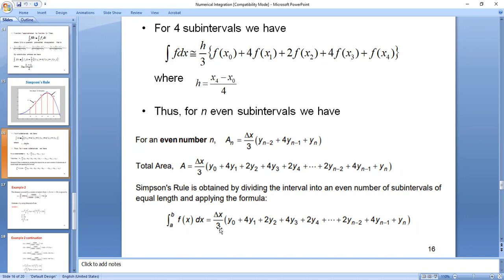So meaning you start with a here, then in here you will have a plus the delta x, the interval, the increment, until you reach the y sub n, which will be using the upper limit b. That's how you use Simpson's rule.